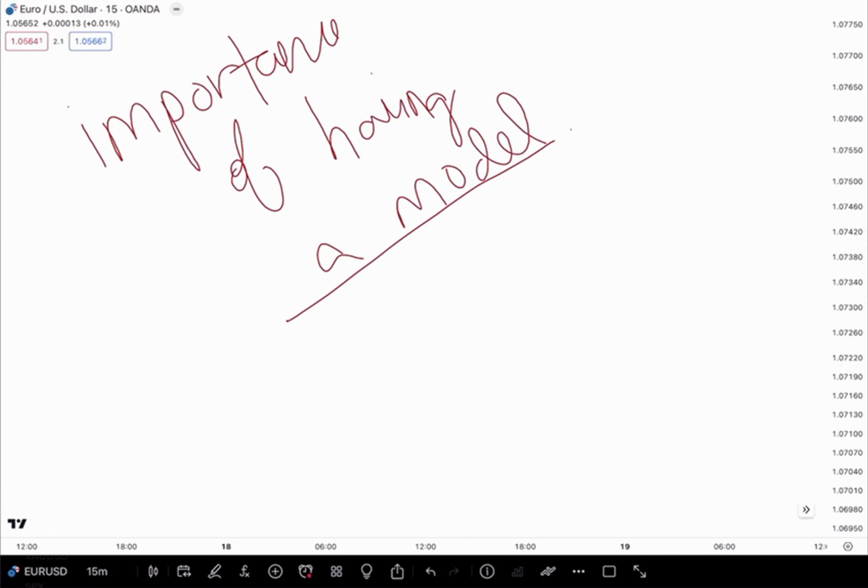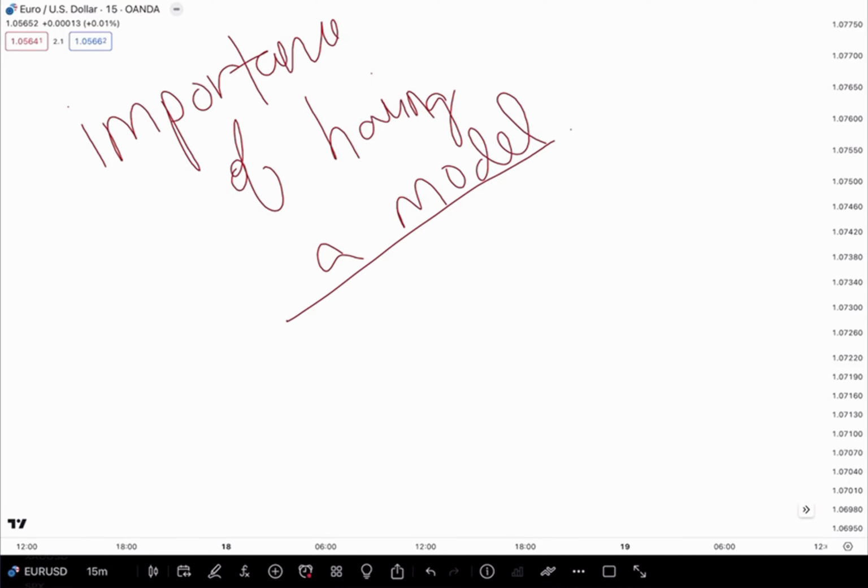So 95% of traders are losing money at all times. What the average trader does is he flip-flops between strategies. In this case, if you're an ICT trader, he flip-flops between PD arrays, from the breaker to the order block to the FVG to this to that, right? So it's a common mistake to flip-flop between strategies and end up losing overall because you have no specialty, right? You're a man of all trades, master of none.